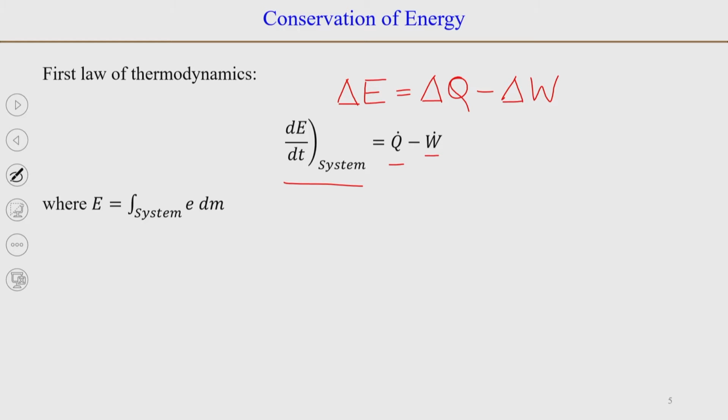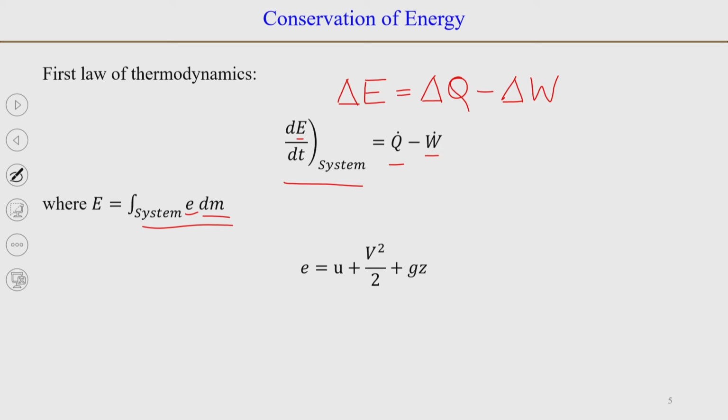So, this capital E, the total energy of the system, will be the integral of small e dm, where e is the specific energy and dm is of course the differential mass of the small volume.